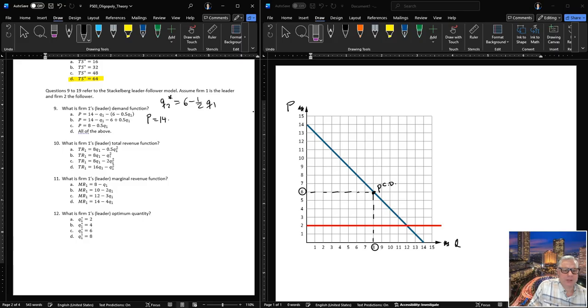So now the leader will incorporate that into the demand function. And that is 14 minus Q1 plus 6 minus 1/2 Q1. So that's now the demand function. And then we can say 14 minus 6, okay, 14 minus 6, so that will be an 8.